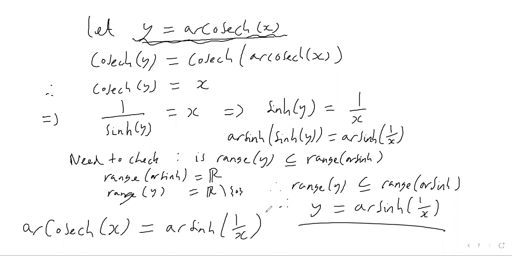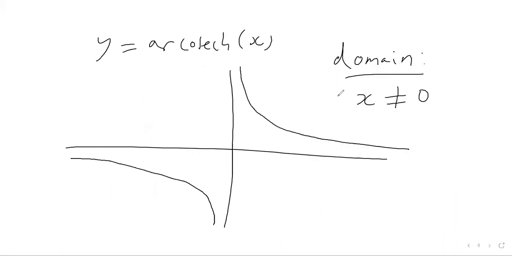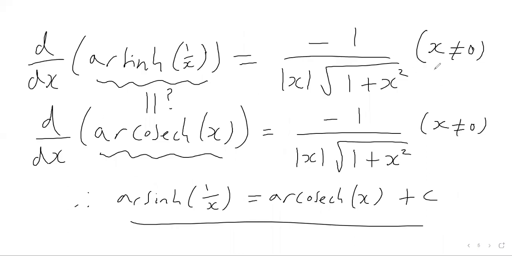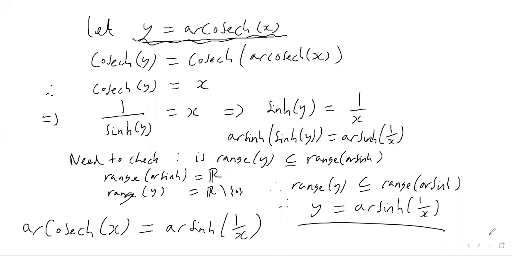And so it's no surprise that they have the same derivative, because they're defined on the same domain, as we can see there and there. They've got the same derivative, and clearly they are the same function, as we've just shown.